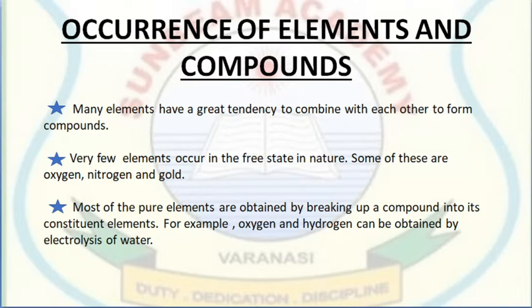If we want to obtain oxygen and hydrogen from water, it can be obtained by a chemical process, and the name of that chemical process is electrolysis. By the electrolysis of water, oxygen and hydrogen get separated and can be obtained separately.